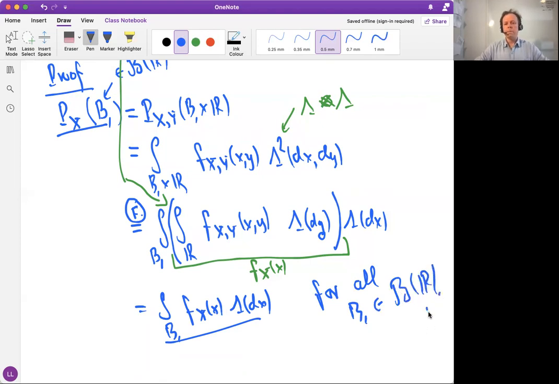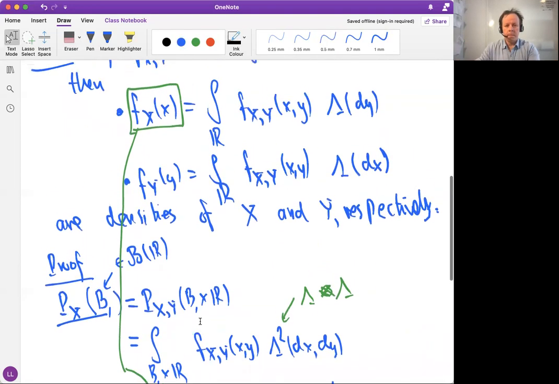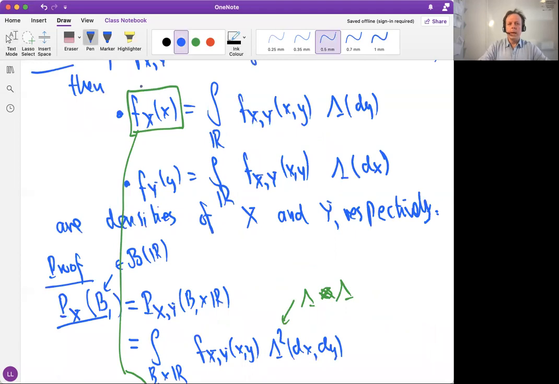So that's the end of the proof for fX. We can represent the law of the random variable X for every Borel set as an integral with this function. That's what it means that this function is a density, as we want it. And that's why we have proved that this one is a density for X.